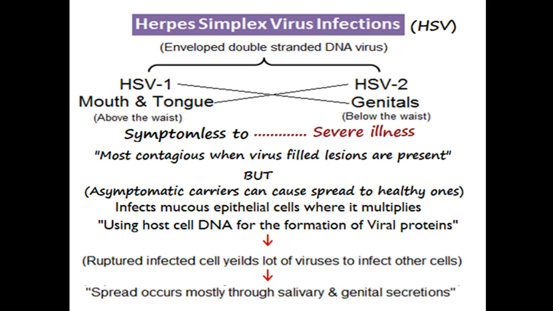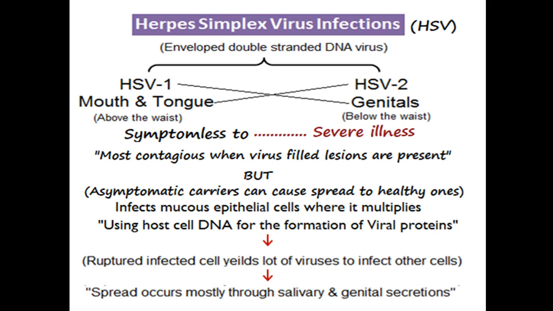The herpes simplex virus HSV2 usually causes viral infections below the waist, and by that we mean it causes infection of the genitalia. But this is not an end to the possibility of the viruses infecting the various human tissues.